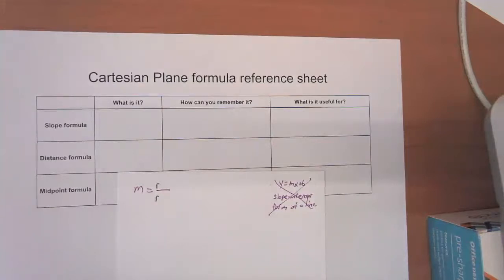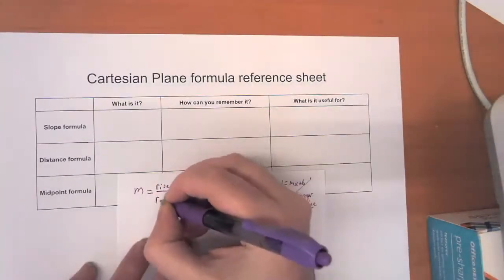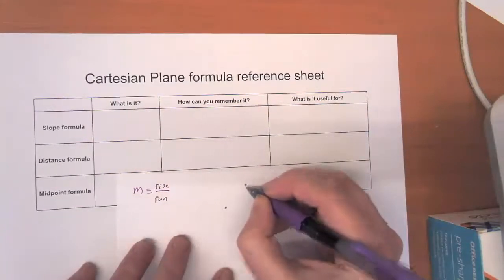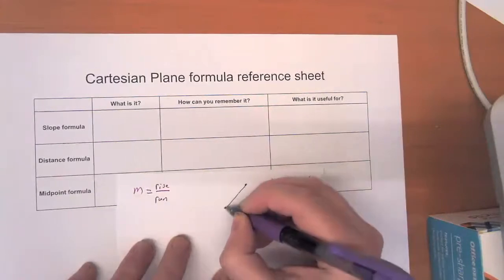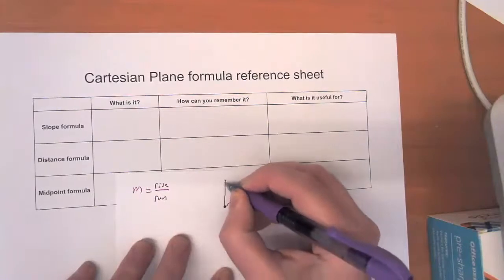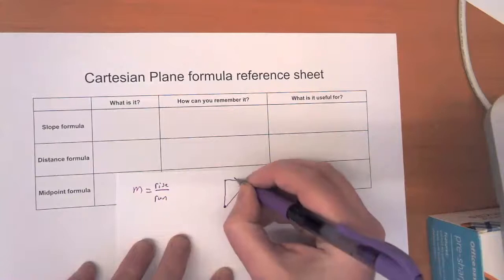Slope is equal to r over r. Rise over run. So if I've got 2 points and I want to find the slope between them, I think about how much we're rising, and then we divide it by how much it's running to the right.